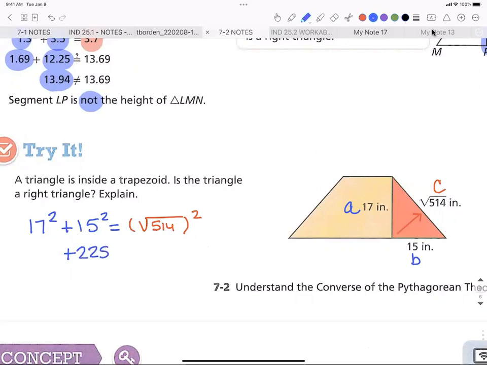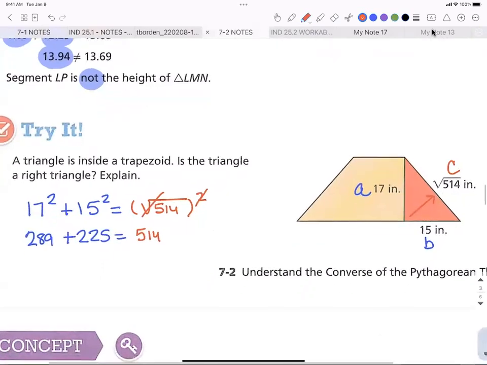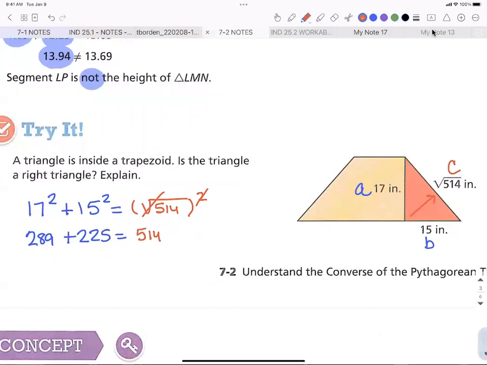Jacob's got that one. 289. Okay, equals. Now, Micah, you're going to add those two blue. Dalton, tell me what I'm going to write on the right. Yeah, 514, because when we square a square root, 514 just drops out. Okay, Micah, what is 289 plus 225? What is it? You sure?